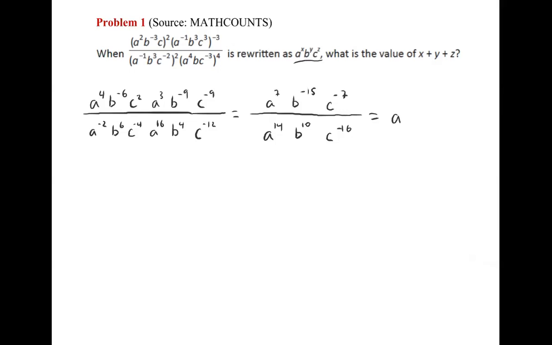So for a, 7 minus 14 gives us negative 7, and then negative 15 minus 10 is negative 25, and then negative 7 minus negative 16 is positive 9. So now we have this form, and we just add the exponents together. So negative 7 plus negative 25 plus 9 will give you negative 23.